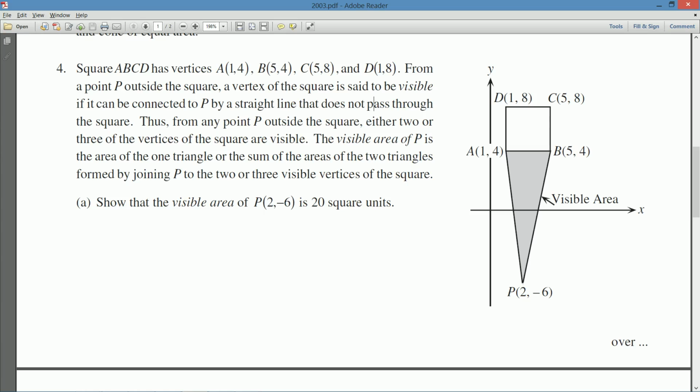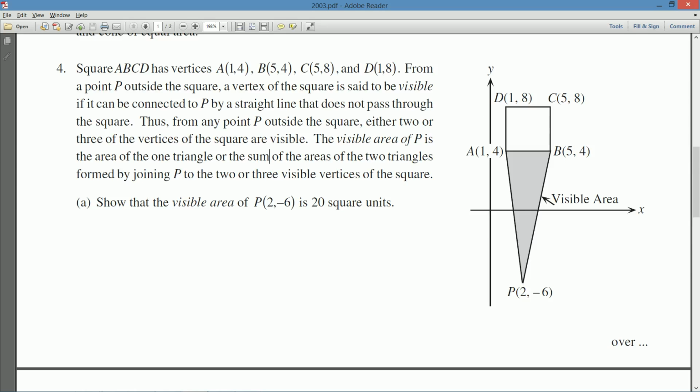So it's a straight line that does not pass through the square. Thus, from any point P outside the square, either 2 or 3 of the vertices of the square are visible. Down here, for this P, only A and B are visible. But if we moved it off to the side, sort of below maybe the X, we'd be able to see A, B, and C. The visible area of P is the area of the one triangle, or the sum of the areas of 2 triangles, formed by joining P to the 2 or 3 vertices visible on the square.